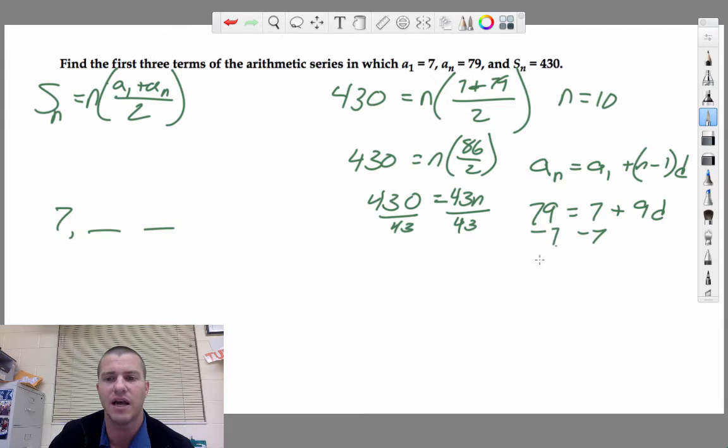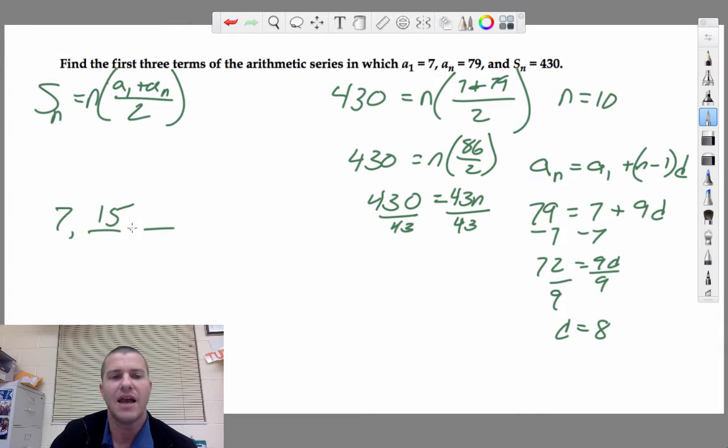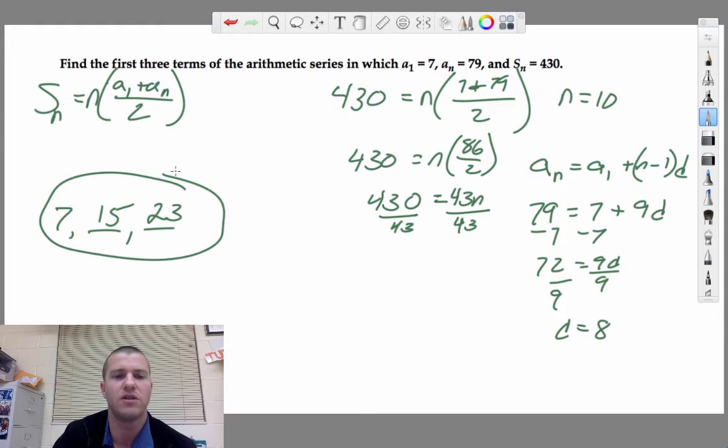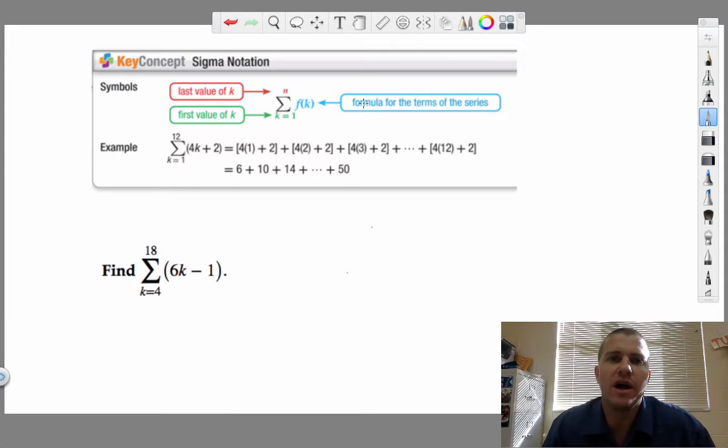So I subtract 7, 72 is equal to 9 times d, divide by 9, and d is equal to 8. So this is going to be 7, add 8 to it is 15, add 8 to that becomes 23. So these are the first 3 terms.